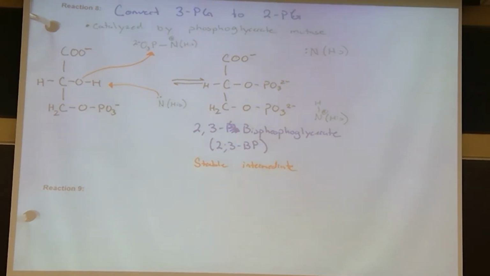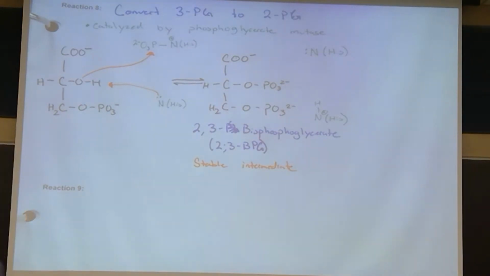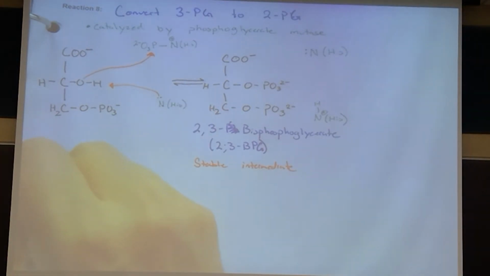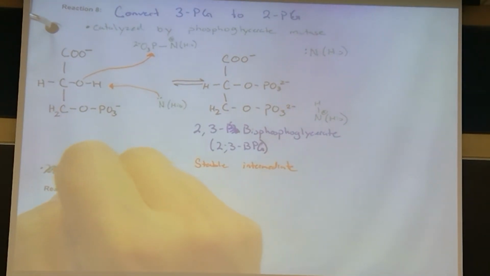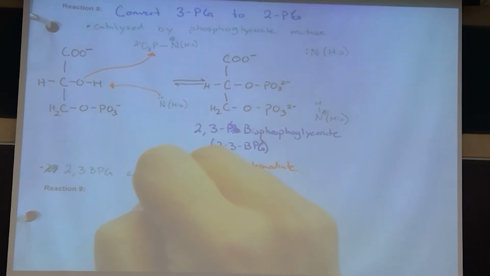However, 2,3-BPG is a stable intermediate. You know it's a stable intermediate because we've talked about it before. It serves a function, right? So at this point, 2,3-BPG, while it will for the most part continue along the pathway, can readily associate or dissociate.